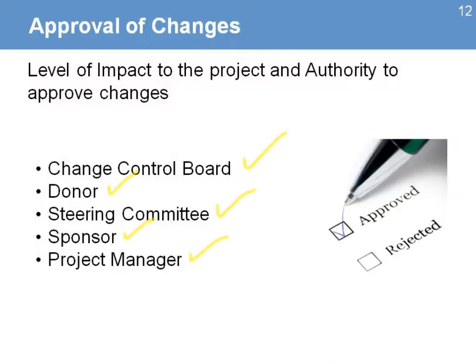Again, it all depends on the level of authority, from low to high, that can approve the changes. The project manager, depending on the amount of change, will sometimes be able to approve most of the small changes. But if those changes require additional cost or additional time, then you will need to go higher on that scale to get the right approval and the additional resources needed to implement that change.